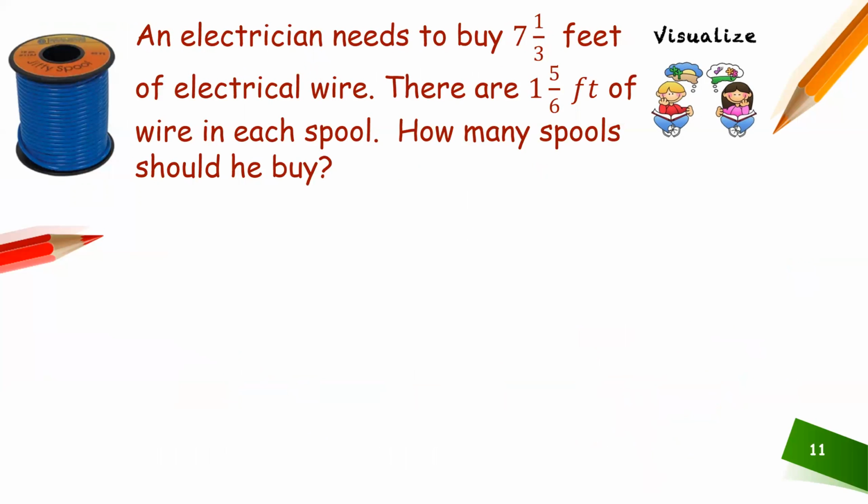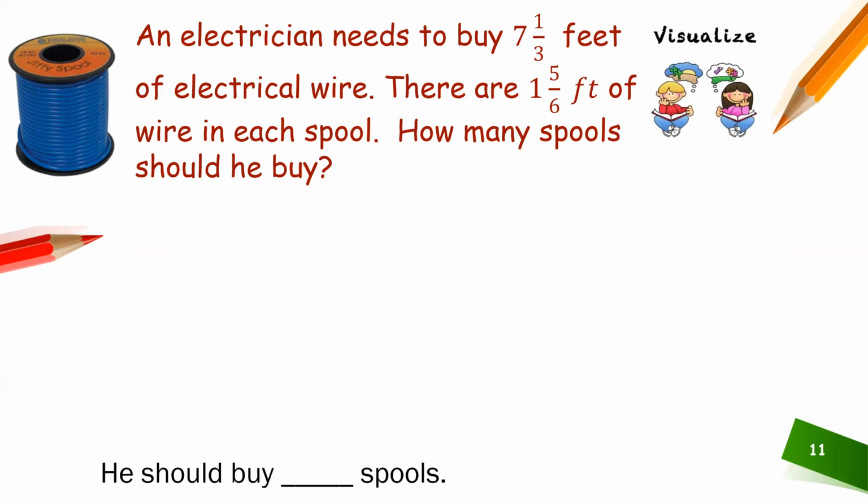All right, here's another one. So he needs to buy 7 1/3 feet of electrical wire. But each one of those spools only has 1 5/6 feet of wire. How many spools does he have to buy in order to get what he needed, right?